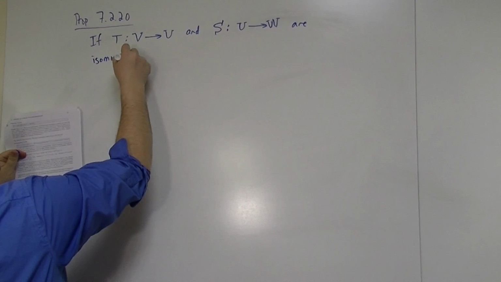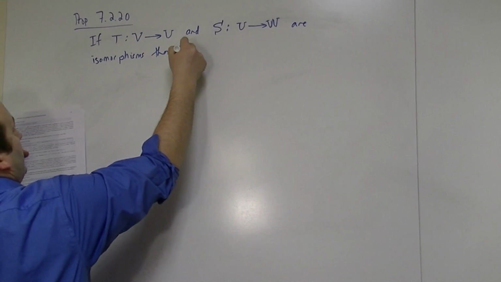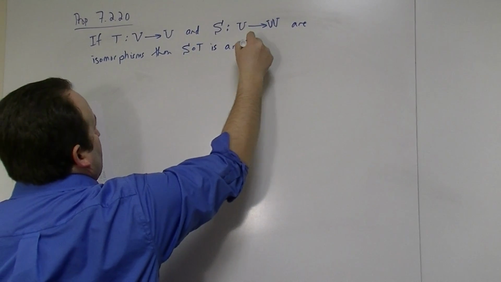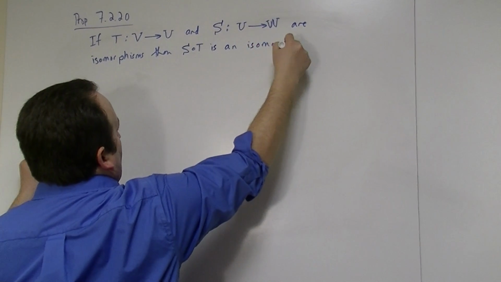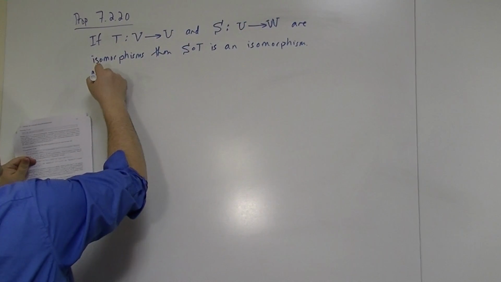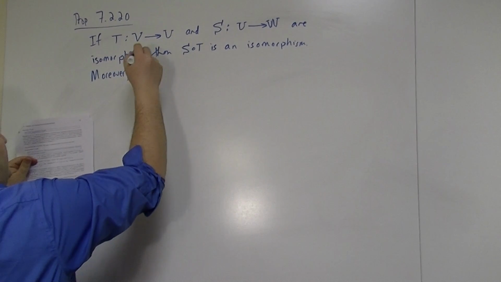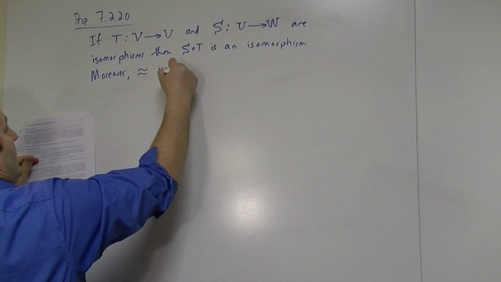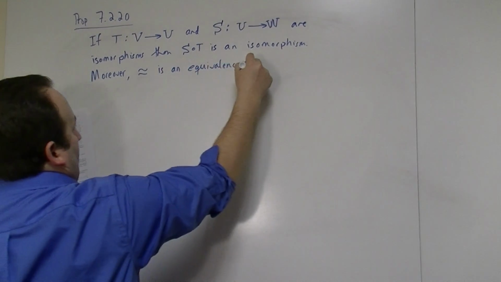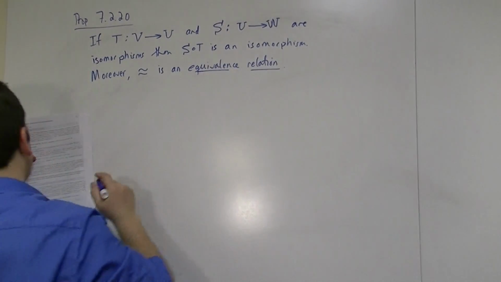If those are isomorphisms, then S composed with T is an isomorphism. Moreover, and this is the interesting part, vector space isomorphism is an equivalence relation. All right.